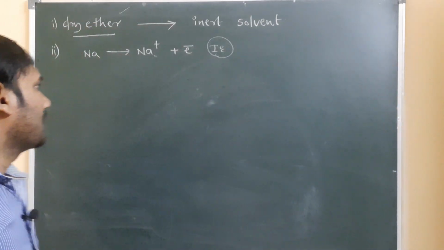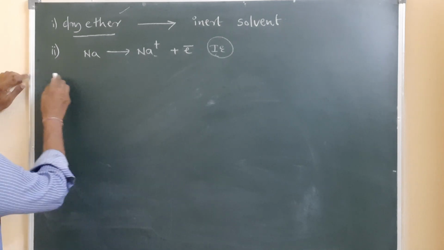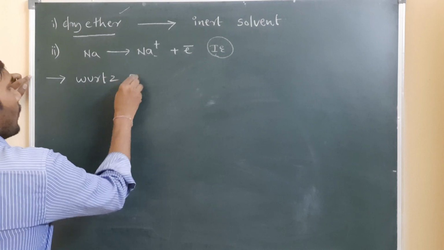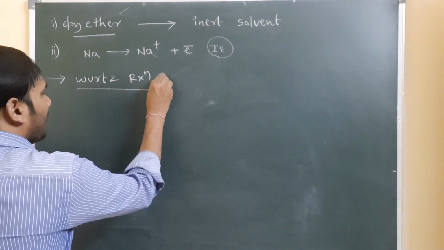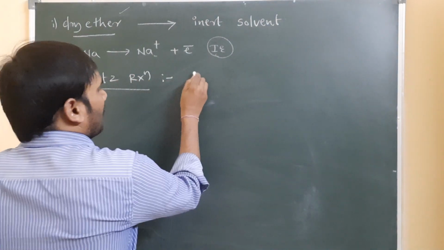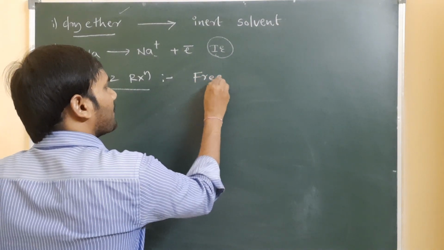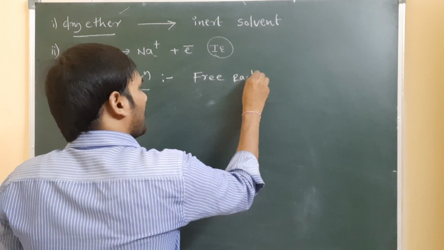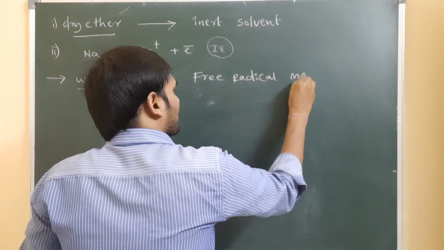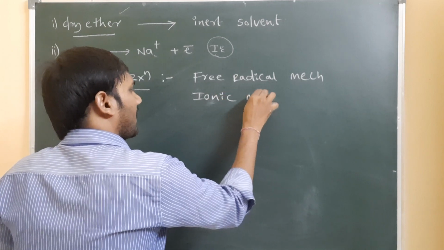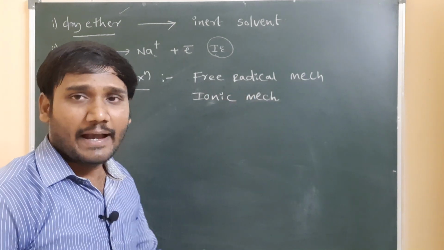Next, regarding the Wurtz reaction, two types of mechanism are possible. One is the free radical mechanism, and the second one is the ionic mechanism. Once again, the Wurtz reaction takes place by two mechanisms: the free radical mechanism and the ionic mechanism.